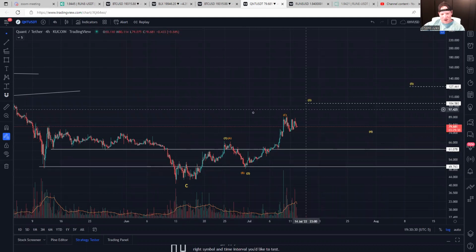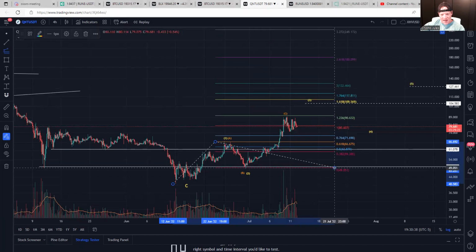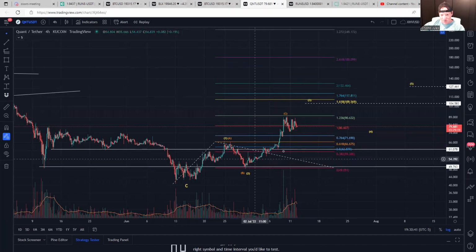So anyways, on the 4-hour here, from a fib standpoint, we are pretty much right at the area where our C wave would reverse.